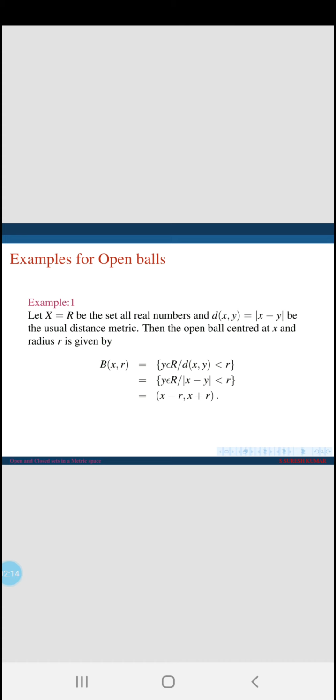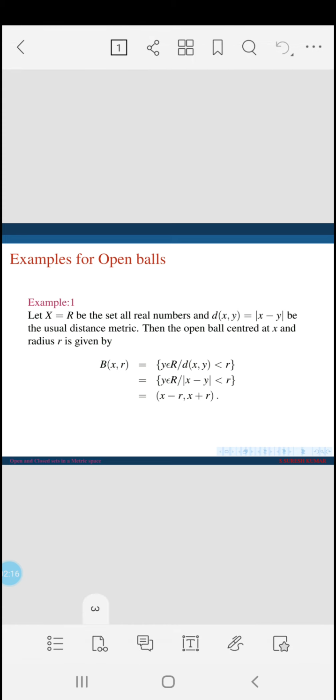Using the definition of d, this is the set of all y belonging to R such that |x - y| < r. By using the definition of modulus, we find that the open ball centered at x with radius r is equal to the open interval (x - r, x + r).